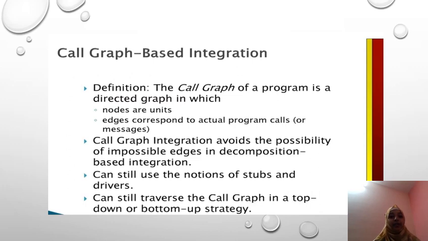And the next topic is call graph based integration. Let's look into the definition. The call graph of a program is a directed graph in which the nodes are units and edges correspond to actual program calls or messages. Call graph integration avoids the possibility of impossible edges in decomposition-based integration.